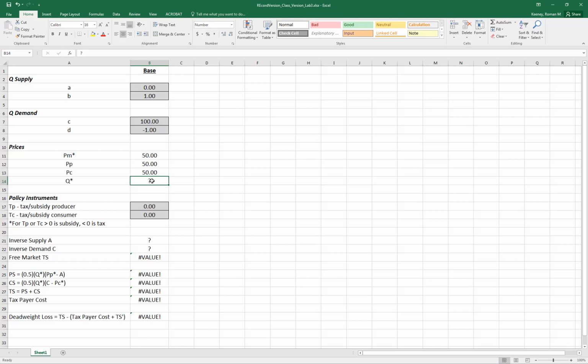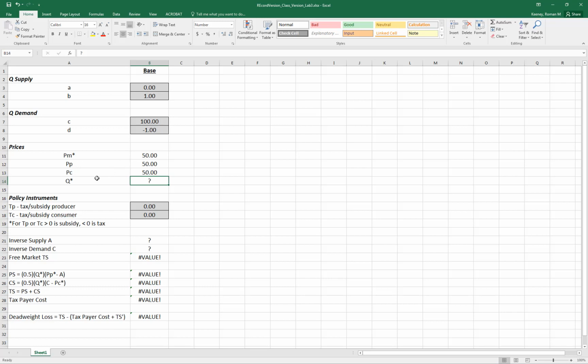And now we just need the quantity. This is the same thing we did last week. You can use the supply or you can use the demand equation, either one. The only thing that matters is that you get the right price. If it's the producer, you need to be sure they're looking at the quantity supplied with the producer price.